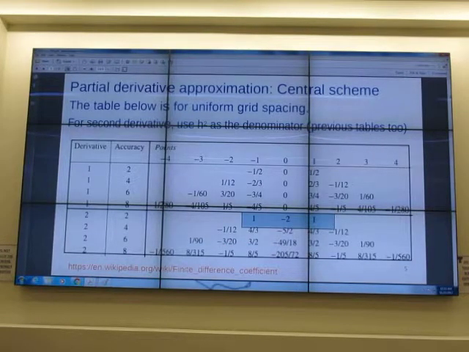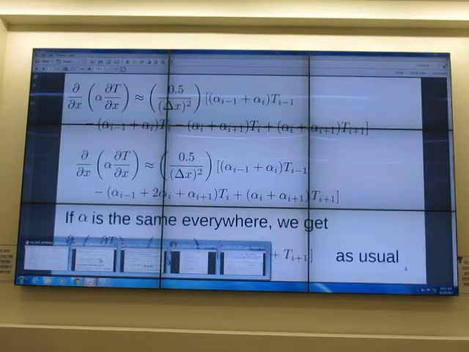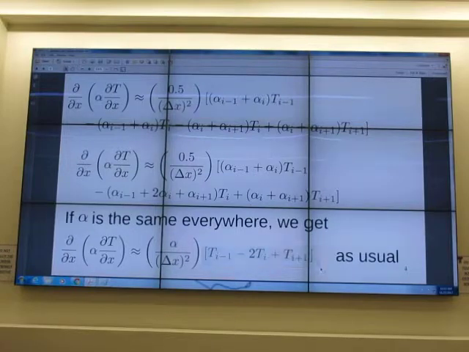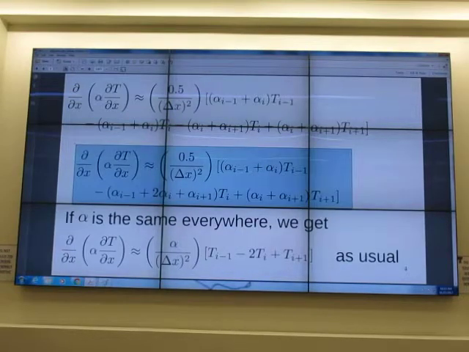If we use that directly, we get that, right? So if you assume that alpha everywhere is the same, you believe me that I do the math correctly, we get that. So this means this equation is more powerful. It's better. You like it? It's better in the sense that alpha doesn't need to be constant everywhere you use this.